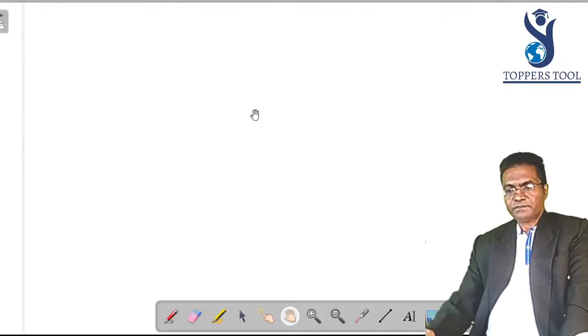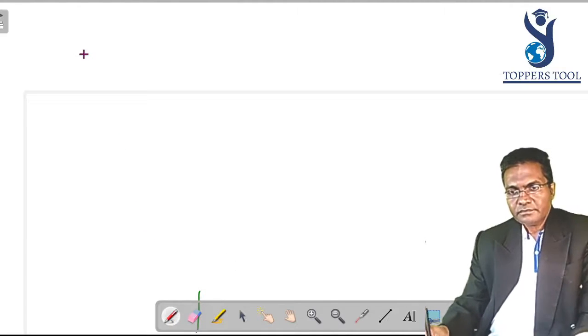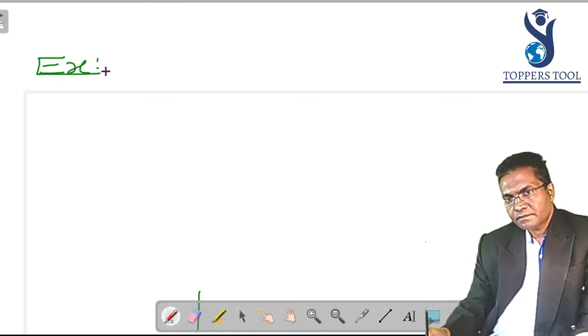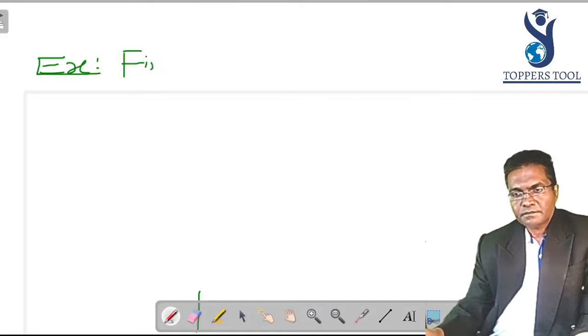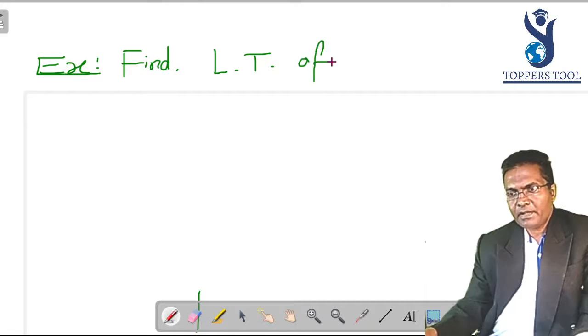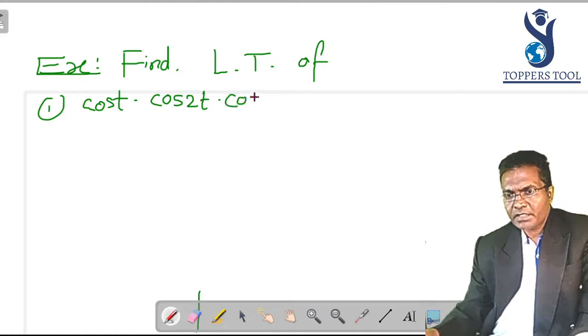Let's have one more. Find the Laplace transform of cos t into cos 2t into cos 3t.